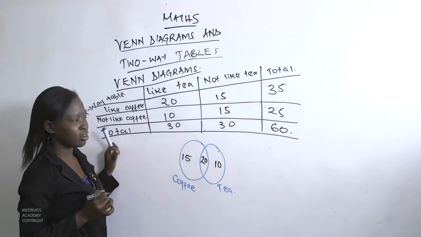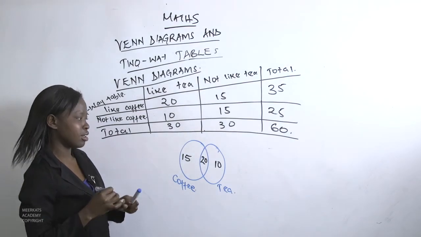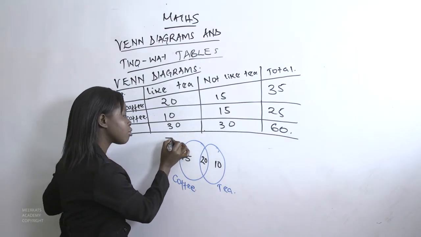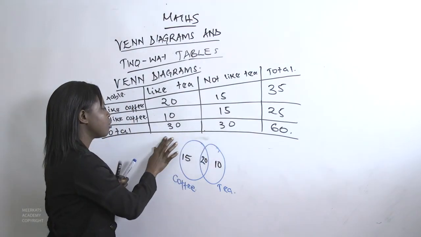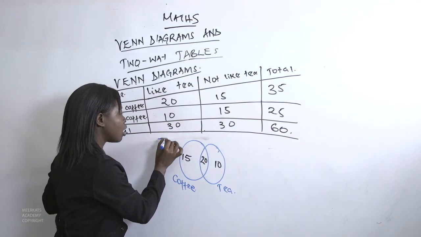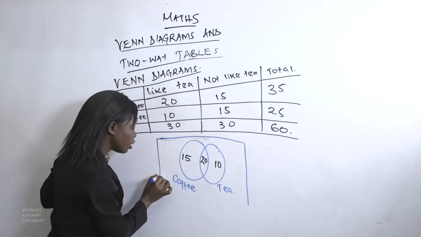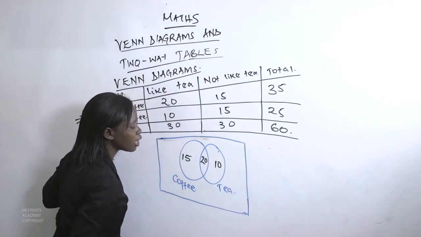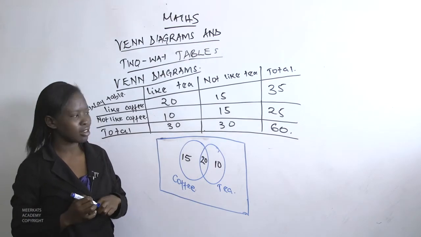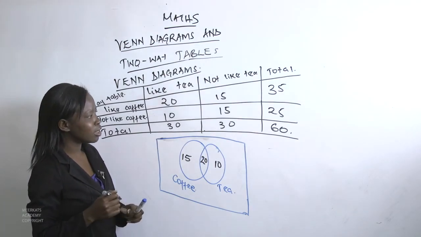So we have 20. Then we have those who are neutral. They don't like coffee, they don't like tea. So how do I indicate these people? In my diagram, it will simply be shown outside the circles. They don't belong to any of the groups. They are not among those people who like coffee, they are not among those who like tea, but they don't like both tea and coffee.